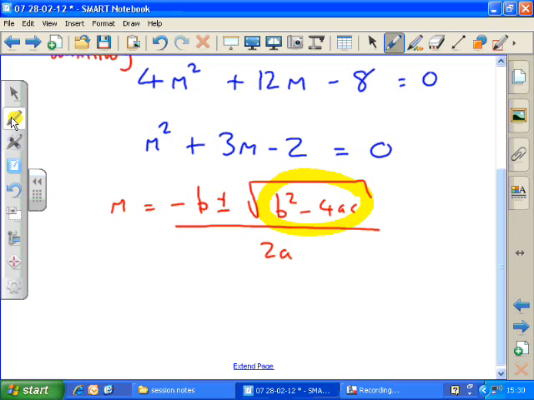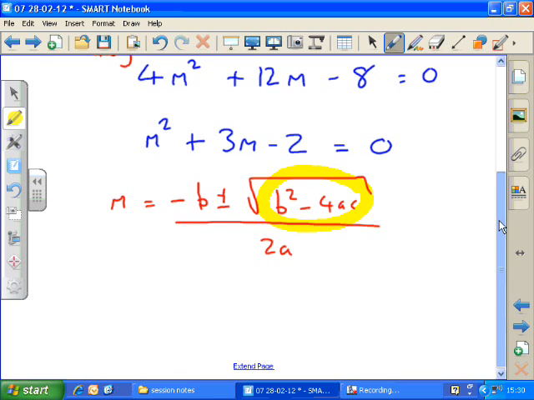B squared, 3 squared is 9, minus 4 times a times c. Well, c is minus 2, so you're going to get a minus and minus is a plus. So we're going to get real roots, because we're going to get a positive number inside the root. We're still not sure quite yet whether or not we're going to get the roots equal, but we're going to get real roots. So we know we're going to get real solutions here.